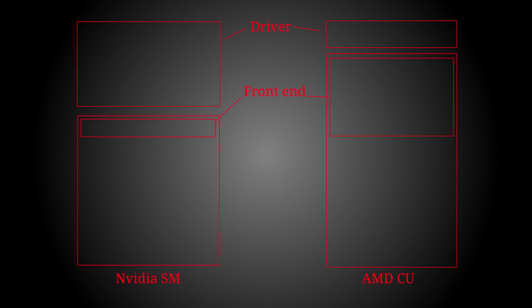Another thing about the Pascal architecture is that it has a very light SM front end, with very lightweight schedulers and dispatch units when compared to the front end of GCN's compute units. Nvidia's Pascal and Kepler based GPUs have the instructions from the game renderer scheduled by the driver, whereas AMD's drivers are very lightweight, just compiling the renderer code and then dispatching it to the card.